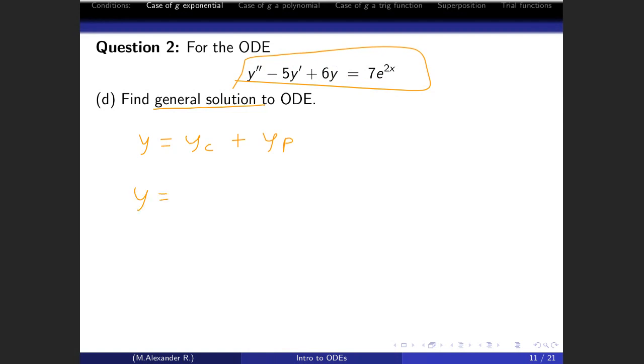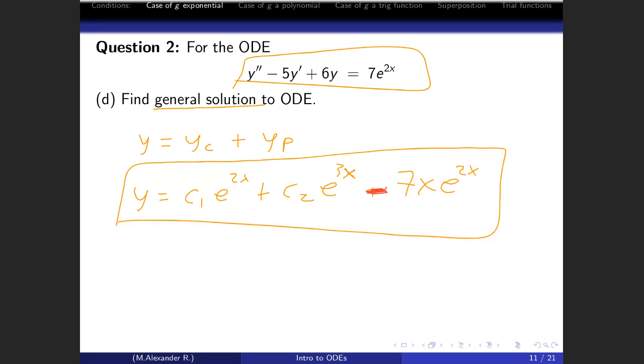And so if you remember, this is going to be c1 e to the 2x plus c2 e to the 3x plus, and I have to remember this actually was a minus, minus 7x e to the 2x. Yep. So this is going to be the general solution to the non-homogeneous differential equation.